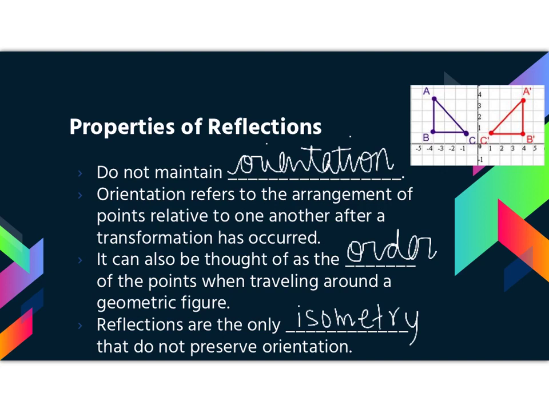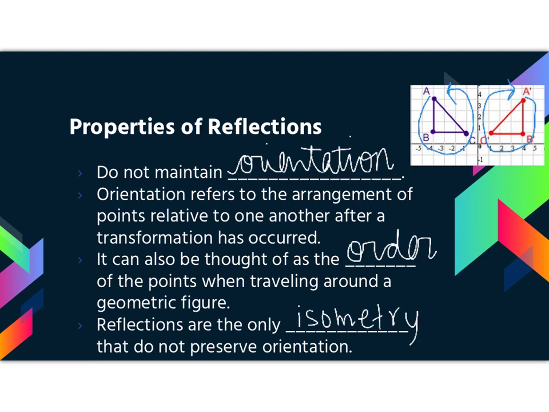Notice with the example we have on the page at the top right that if we were to move around the pre-image, alphabetically is usually how we do it. So if we go A to B to C, we're moving a certain direction, and we're actually moving counterclockwise. So if we go to our image and we go around the same corresponding points, right, with A prime, B prime, C prime, notice in this case we're moving clockwise.